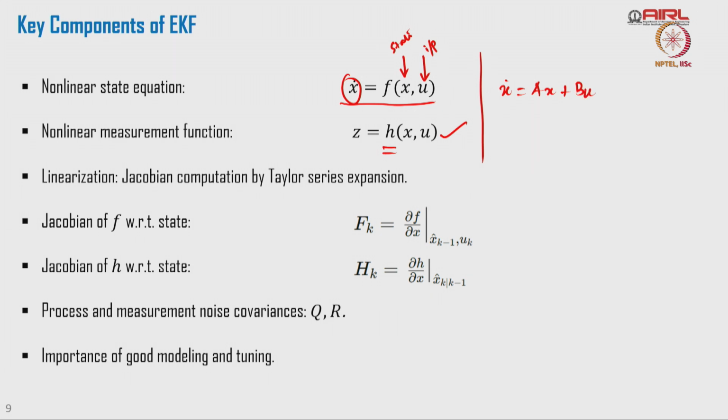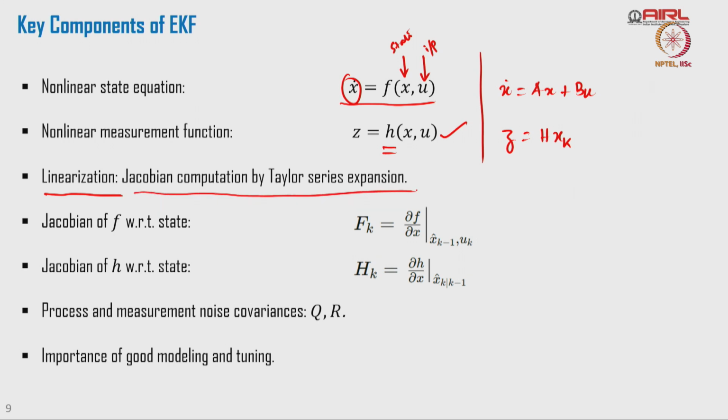For the case of linear systems, we could write it in the form of matrices and vectors, but now when it becomes a nonlinear system, we can't do the same thing. Then x dot becomes a nonlinear function of x and u. Now, for the extended Kalman filter, the added step is this linearization, where the Jacobian is computed by Taylor series expansion.